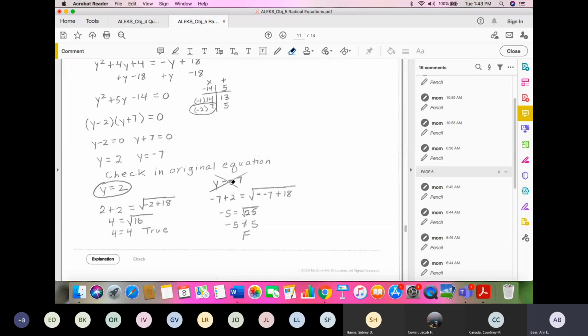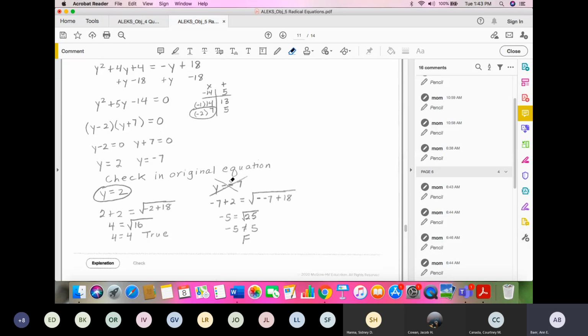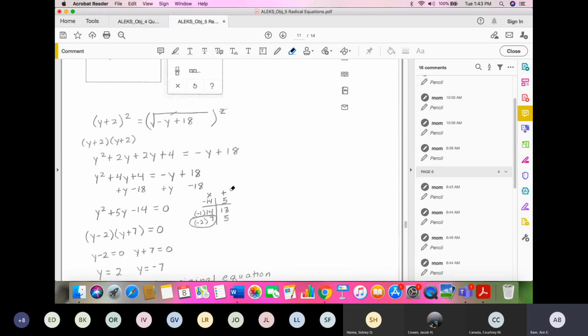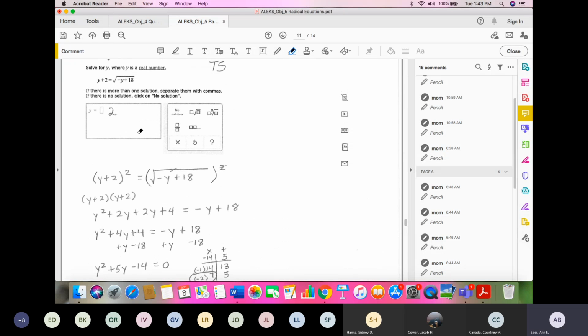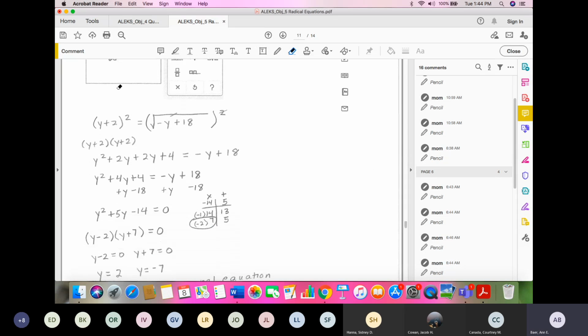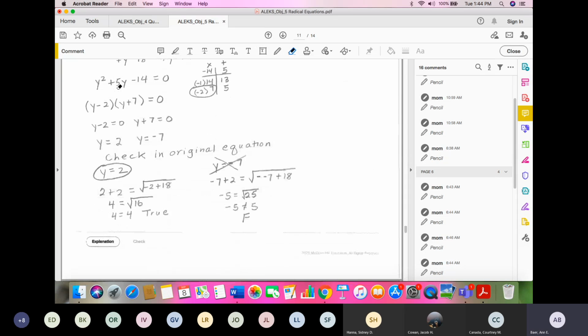Let's check y equals negative 7 first. Now, let's go back up here for a moment. We're checking y plus 2 equals the square root of negative y plus 18. So we go back down here. This right here is a y in the original equation.